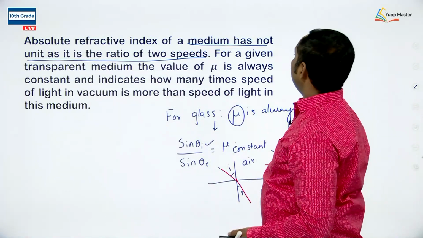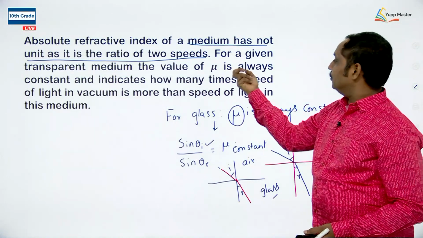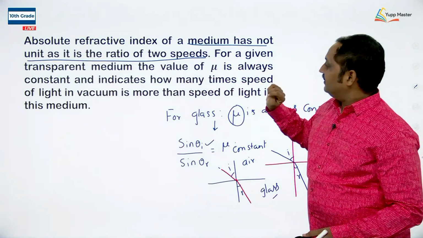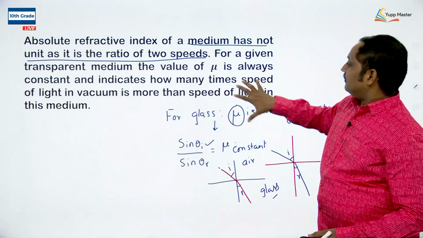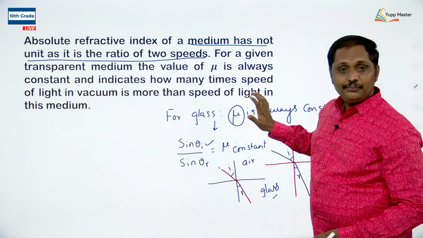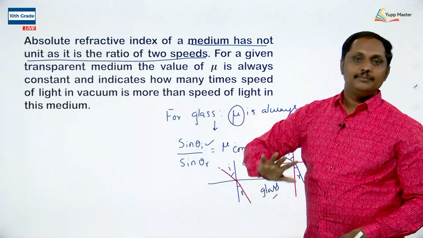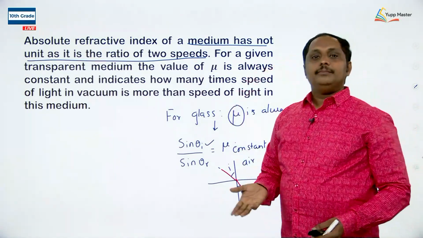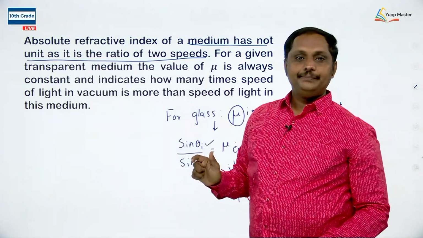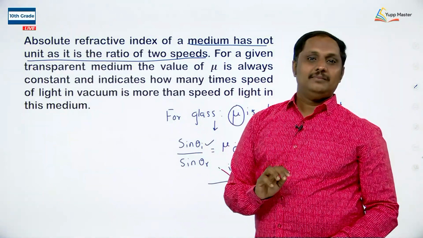So, that indicates that for a given transparent medium, the value of mu is always constant. It is same for the glass, it is same for the water. For one particular transparent medium, its refractive index is the same.